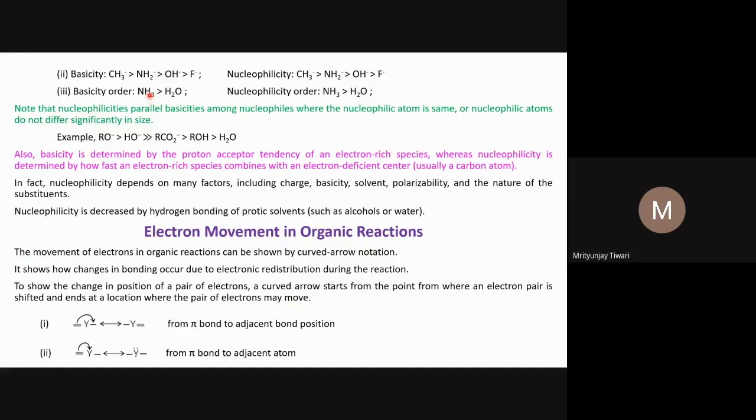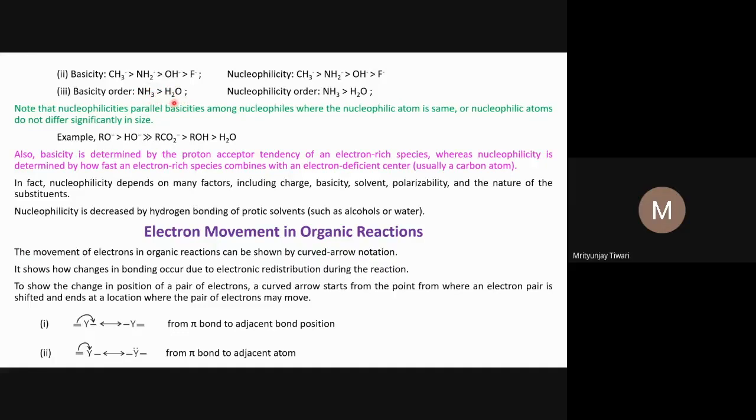They are also electron-rich, with lone pairs of electrons. Although nitrogen has only one lone pair and water has two lone pairs, ammonia is more nucleophilic than water, and the basicity order will also be in the same order.